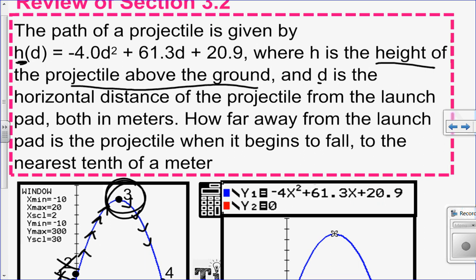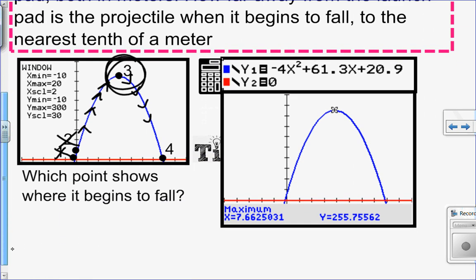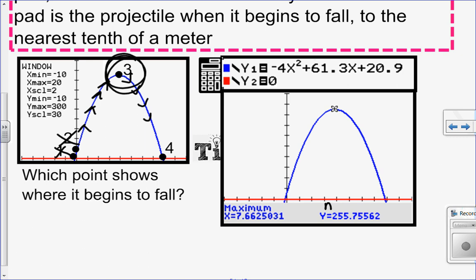D, which is my x value, is the horizontal distance from the launch pad. I want to know how far away it is from the launch pad, which is my x coordinate. This here would be my maximum height, but that's not what they're asking for. They're asking for the distance from the platform. Rounded to the nearest tenth, it's going to be 7.7 meters.